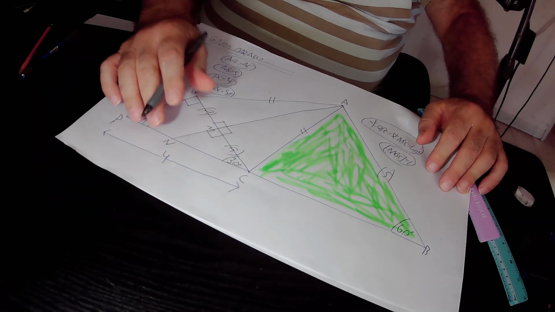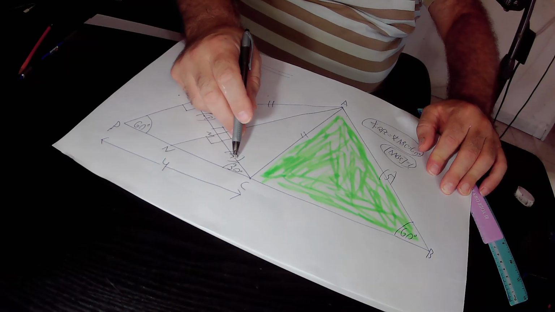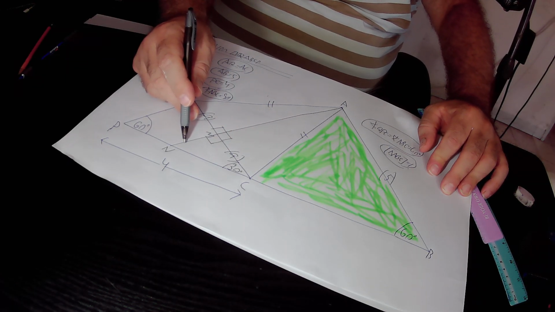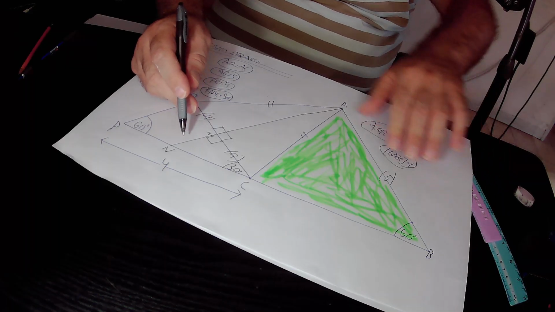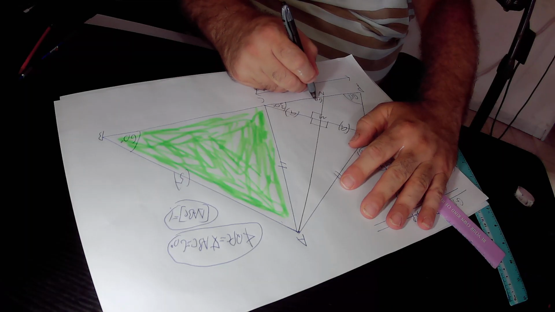Likewise, in the small right triangle NMC, 90 degrees plus 30 degrees is 120 degrees. Therefore, this third missing angle must be equal to 60 degrees in its size according to the sum rule. It says that the sum of the angles in any triangle is equal to 180 degrees.